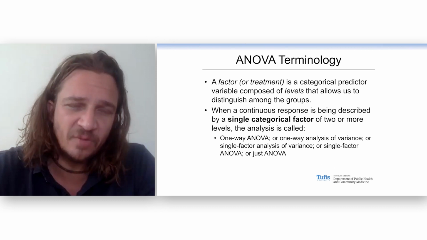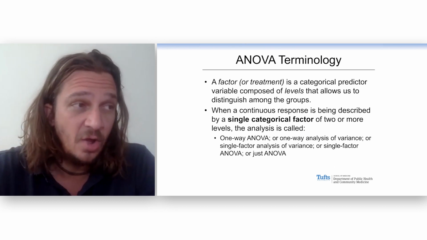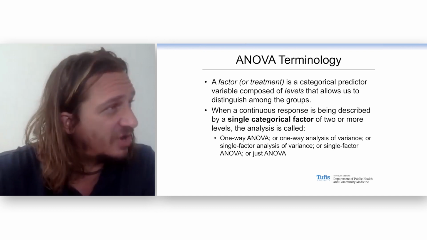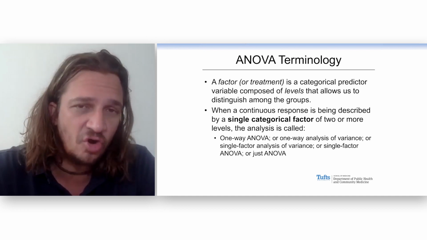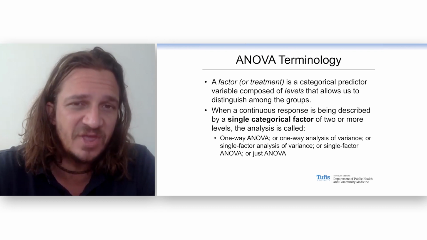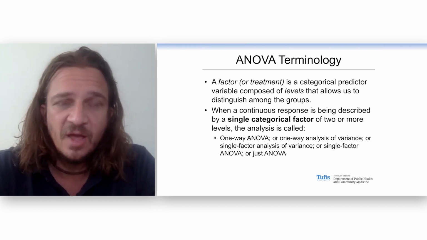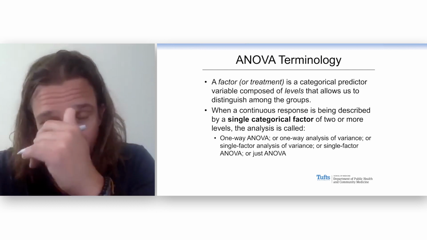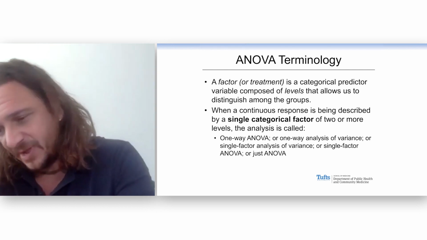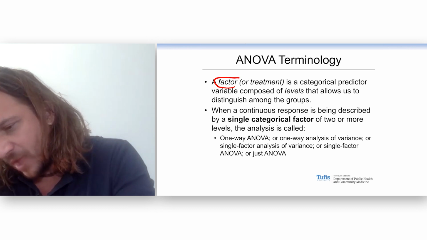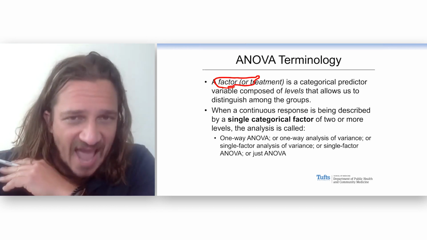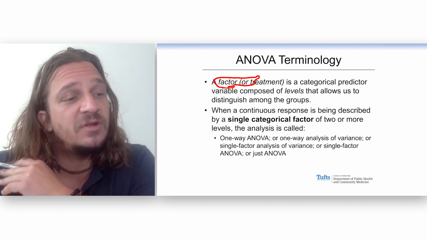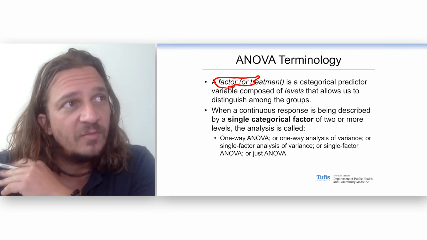Now, we have to introduce some terminology. And I'll say this, that depending which type of journals you read, what fields you go into, what other classes you might take, you'll see different terms used for the same concepts. It can be a little bit confusing. But we say this idea of a one-factor ANOVA. A one-way ANOVA would be we're looking at a factor, and the factor is the categorical predictor. So you might ask, how does race affect blood pressure?